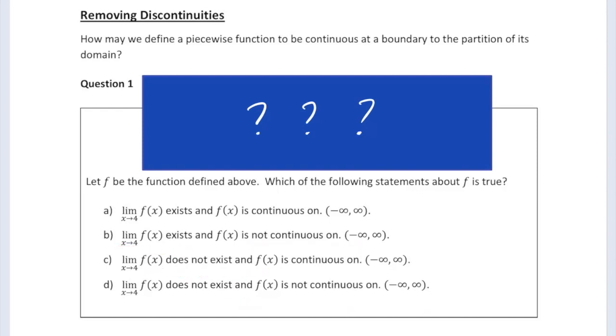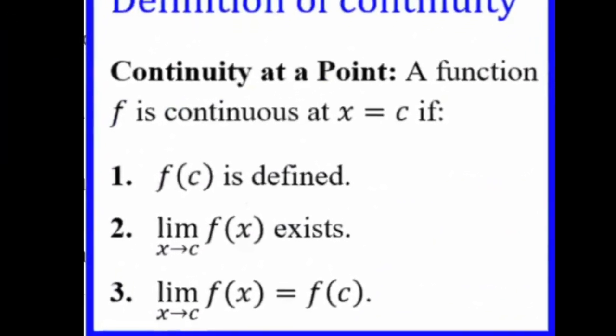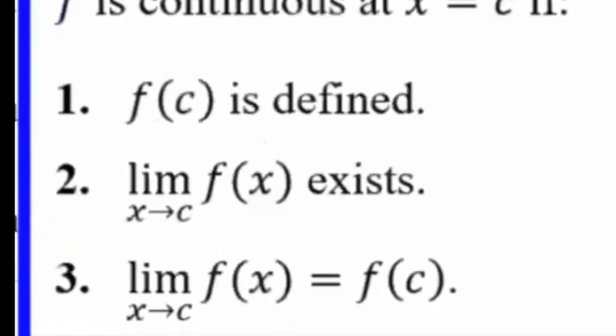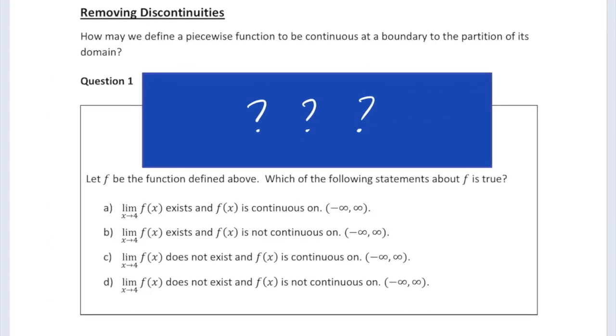Now, just knowing our definition of continuity, one of these answer choices could automatically be eliminated because they are not possible. Even though we have no idea what the function is, we already know one of these can be eliminated. So take a moment and ask yourself, which one is not possible?